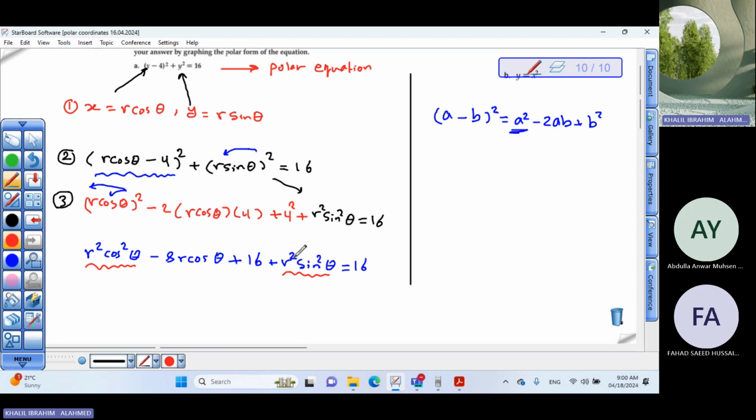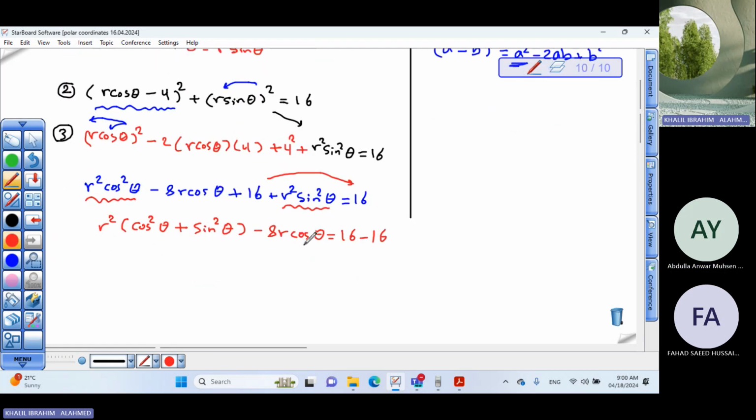We can take r squared as a common factor. As you see here, r squared as a common factor. What do we put inside? Cosine squared theta plus sine squared theta, minus 8 r cosine theta equals, maybe moving this to the other side, 16 minus 16, we have 0.